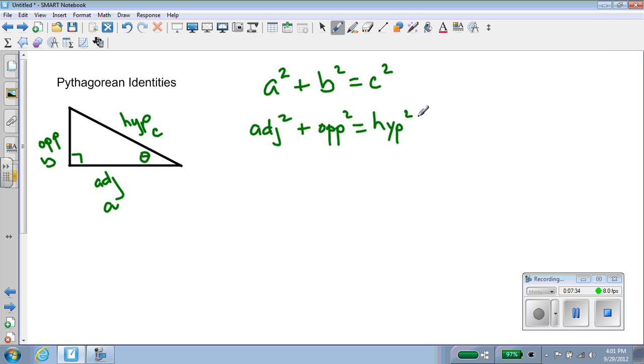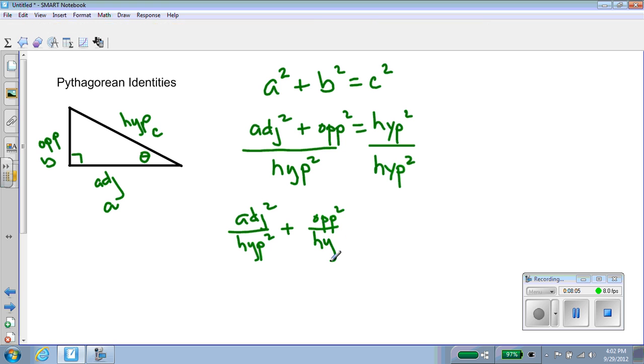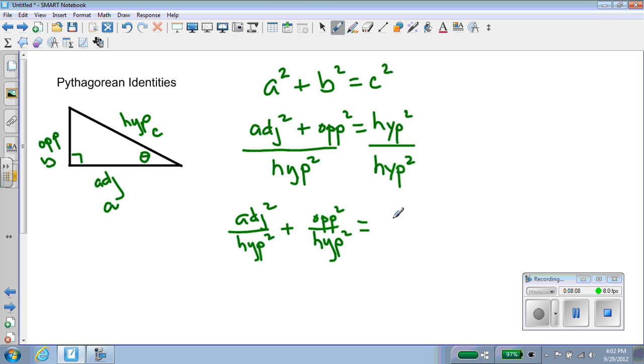And someone asked, what if? What if we divided both sides by hypotenuse squared? Well, this side would say adjacent squared divided by hypotenuse squared plus opposite squared divided by hypotenuse squared equals hypotenuse squared divided by itself.